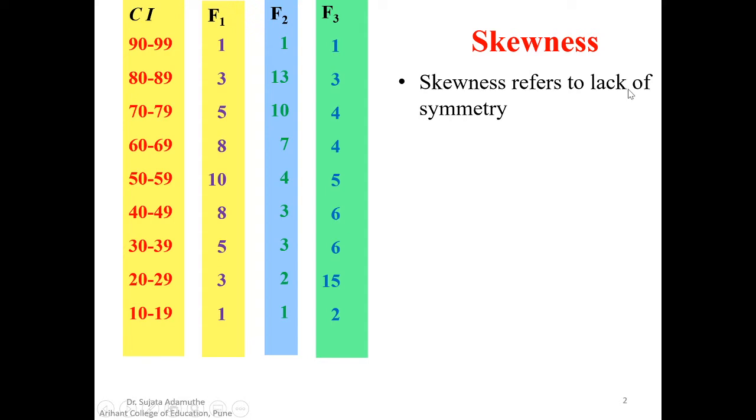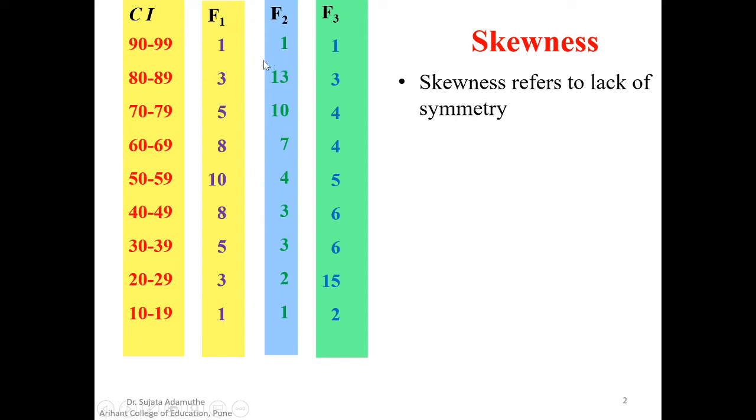Skewness refers to lack of symmetry, right? If we observe again the frequencies of these three groups, we will notice that in the first group there is symmetry. As I said, if we draw the curve of this, it will be a normal probability curve.